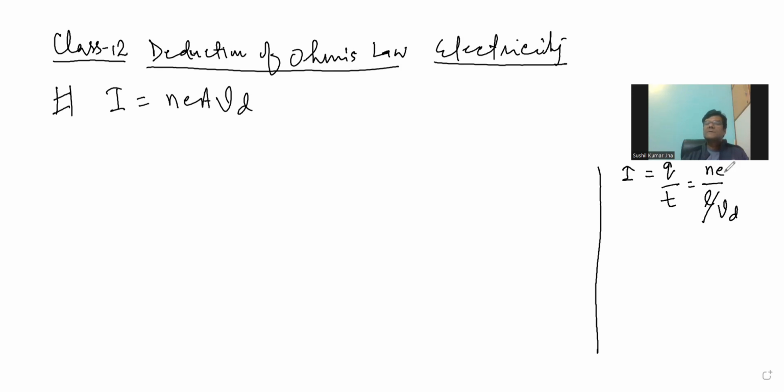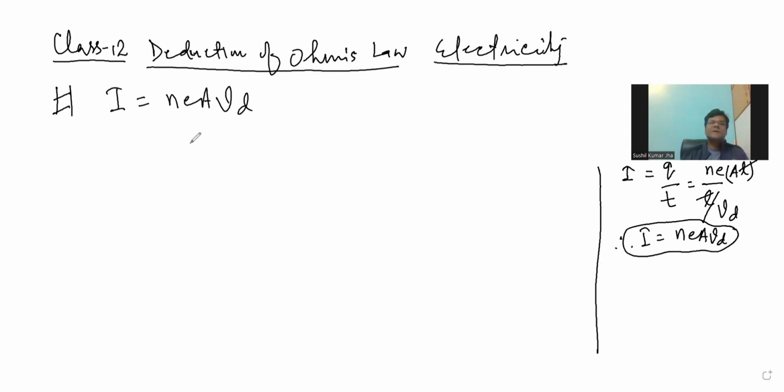Q and e is for a limited number of charges. Since charge in this case is almost infinite, we multiply it by its volume. So it becomes A into L, area of cross section of the conductor and length of the conductor. So L and L are gone. Therefore, we have this relation I is neAVd, right?